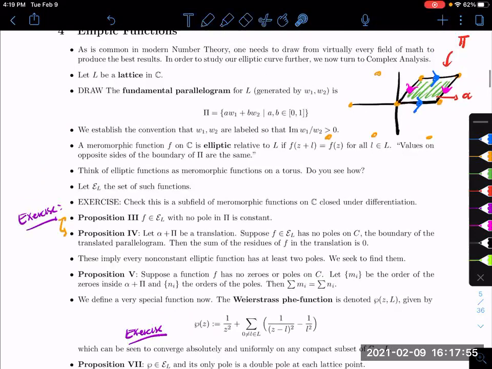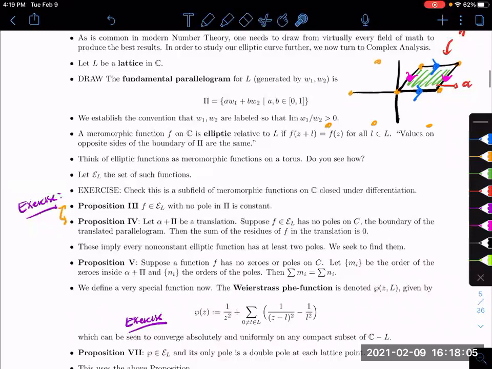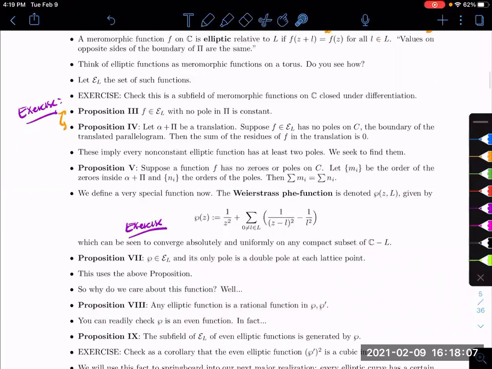Why only one? Because these 4 points of the parallelogram have been identified as one point, and those are exactly where the function has a double pole. So it seems like we've located an example of a non-trivial elliptic function that has a double pole, and it falls into this nice class of simple elliptic functions up here.